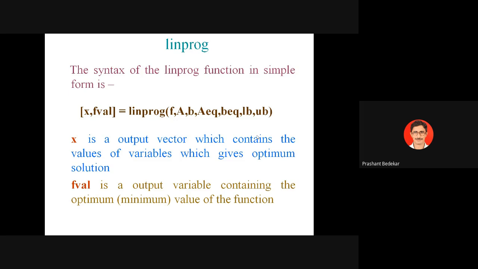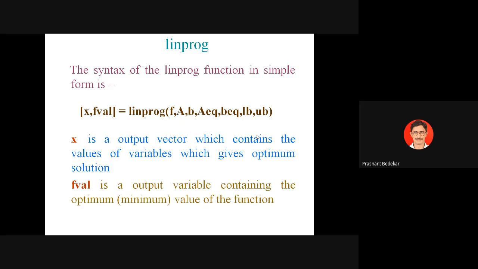This X and FVAL, they are representative terms. It is not necessary that you must use these representations only. I can say on the left hand side A comma B, or say X comma Y. I am having B and A on the right hand side, so I will not use AB.